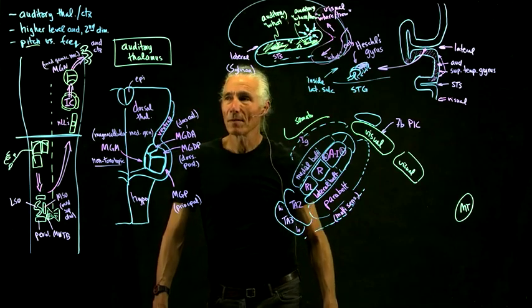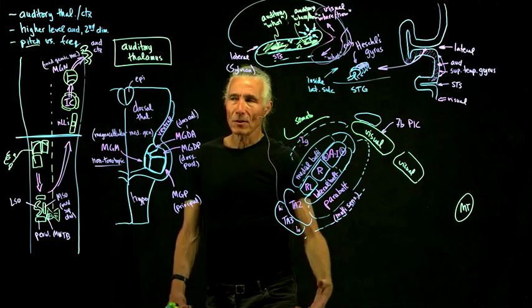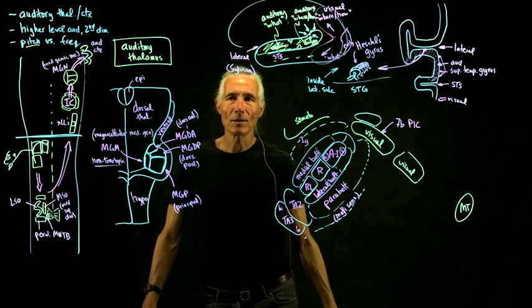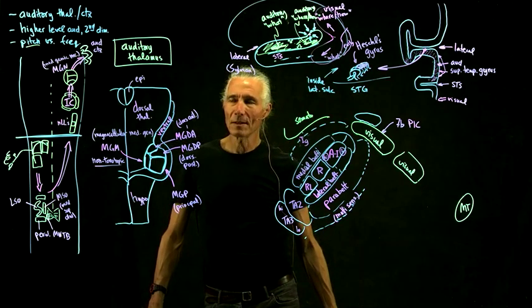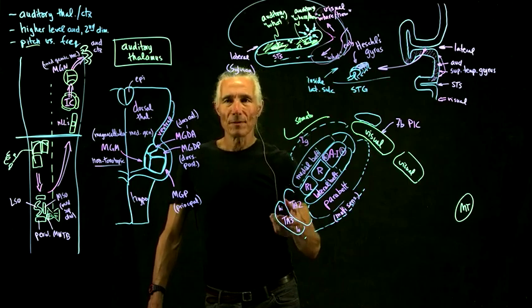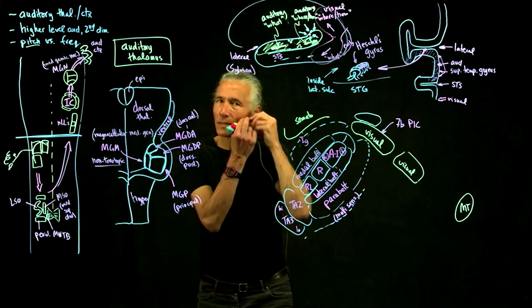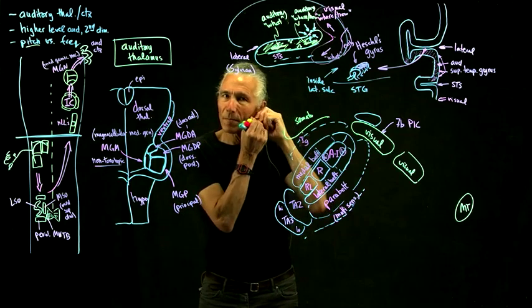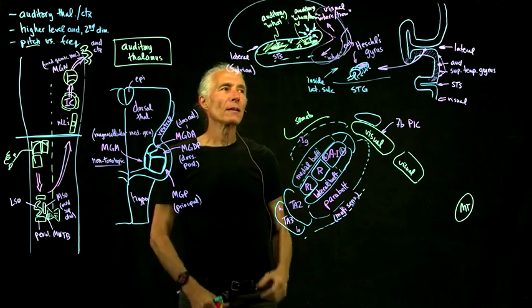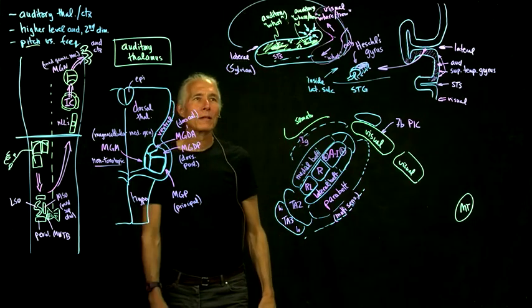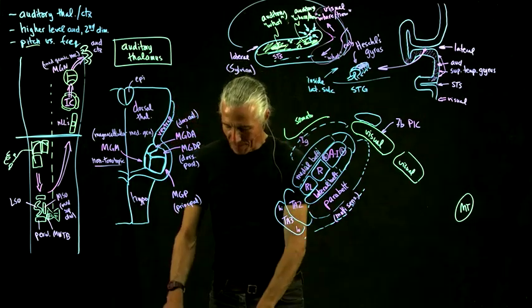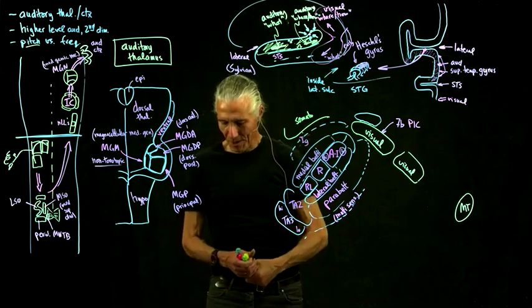That's basically an auditory structure that receives input from the same nerve that all the straight auditory stuff comes in from. So that's the basic layout.